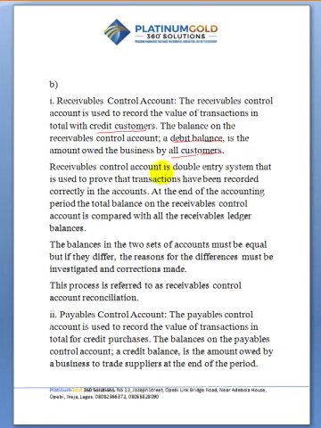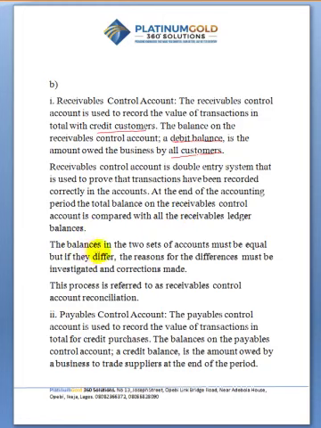Now the receivable control account is a double entry system that is used to prove that transactions have been recorded correctly in accounts. At the end of the accounting period, the total balance on the receivable control account is compared with all the receivables ledger balances.